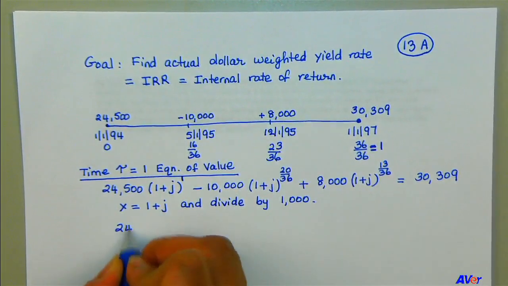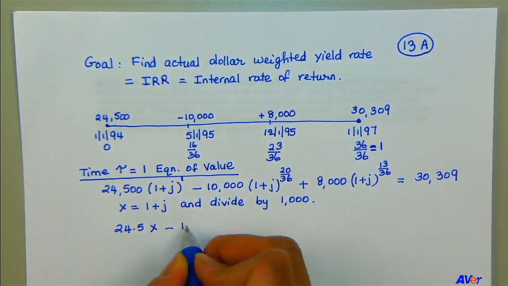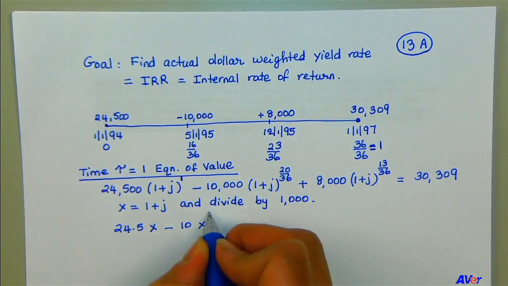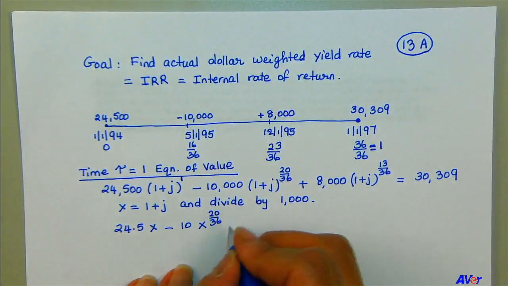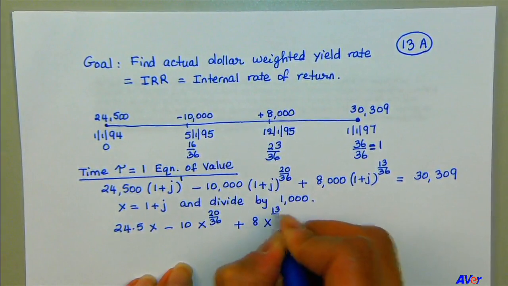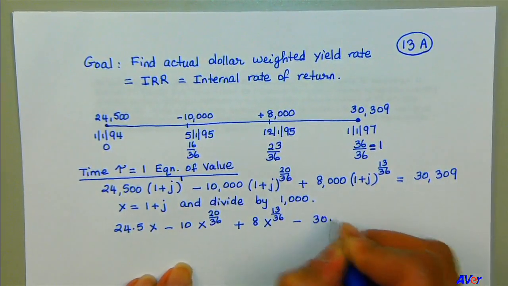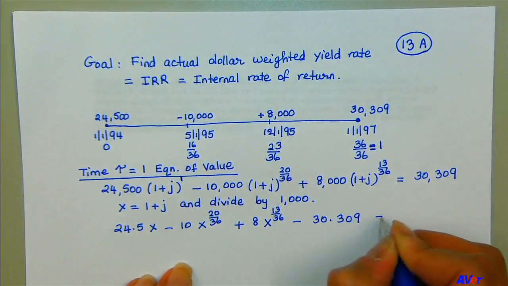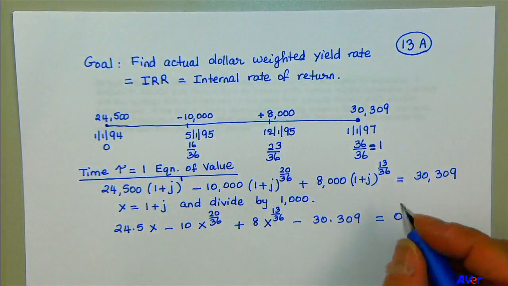I get 24.5 x minus 10 x to the 20 over 36 power plus 8 x to the 13 over 36 minus 33.009 equals 0. Let's put this into our calculator.